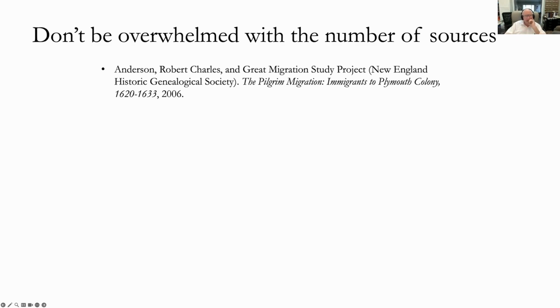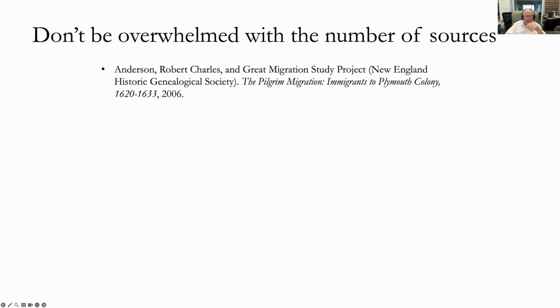This is a book by Robert Charles Anderson, and he is the named person in a group of people that spent years and years combing through every available record in New England, beginning with the 1620s and the Pilgrim migrations to 1633. This book is called The Great Migration Study, and there are at least two great migrations in the United States, but the other one is the African American migration.